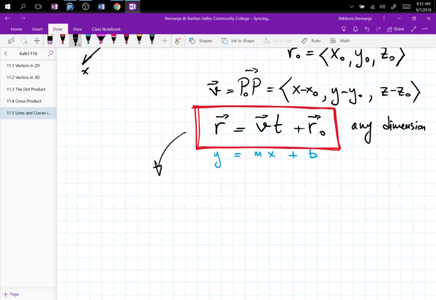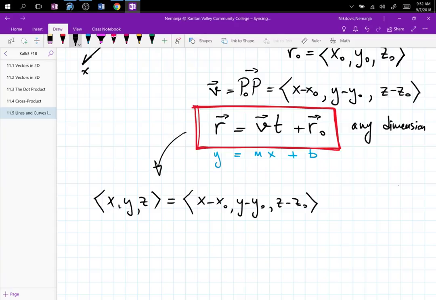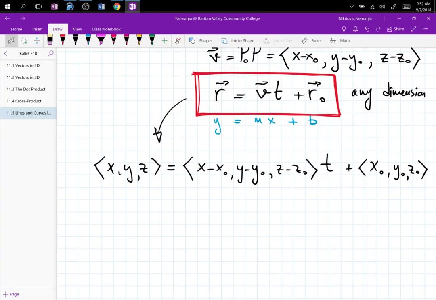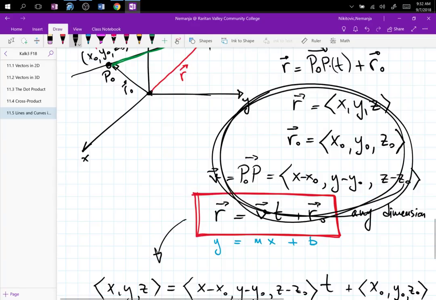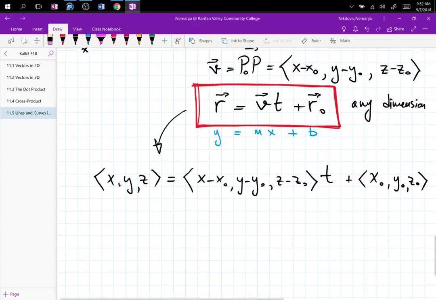I'm just plugging in now. I know that r is x, y, z. I know that vector v is x minus x0, y minus y0, z minus z0 times t. And I know that this is x0, y0, z0. All of those are given here, right? So you have them. We'll just plug them in.